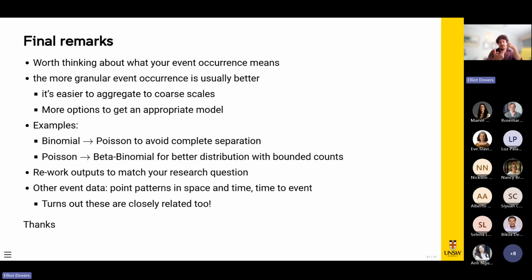But to recap, I showed you that example of going from binomial to Poisson to avoid complete separation when we had quite rare events and decent enough numbers of subjects, and an example where we went from a Poisson to a beta binomial distribution to get better distributional assumptions when we had these bounded counts.